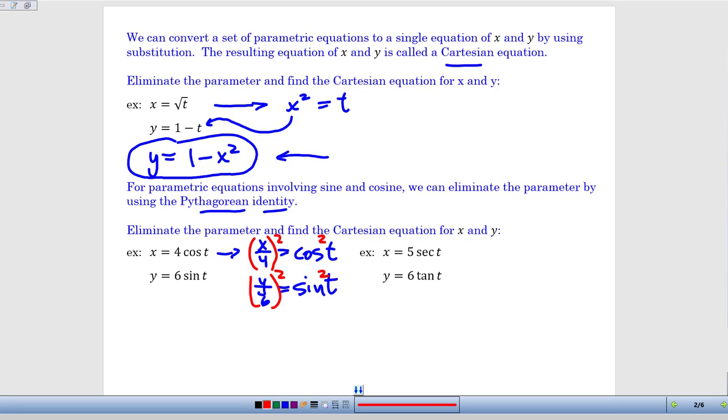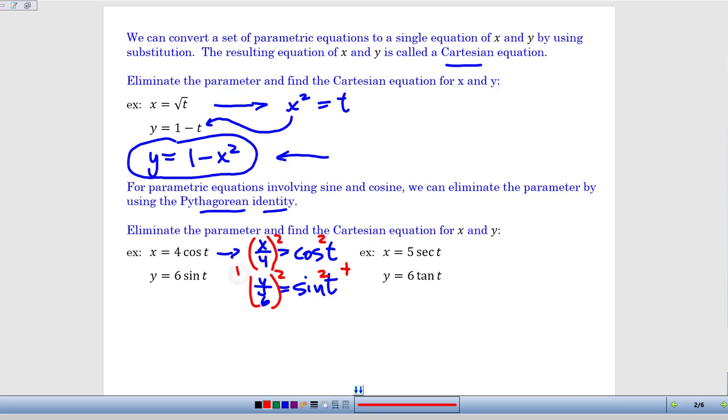So I end up with cosine squared equals x squared over 4, or x over 4 squared, and sine squared equals y squared over, or y over 6 squared. And now this is where the identity comes in, because again, we're not isolating t in order to substitute. Instead, we're going to use that original Pythagorean identity.